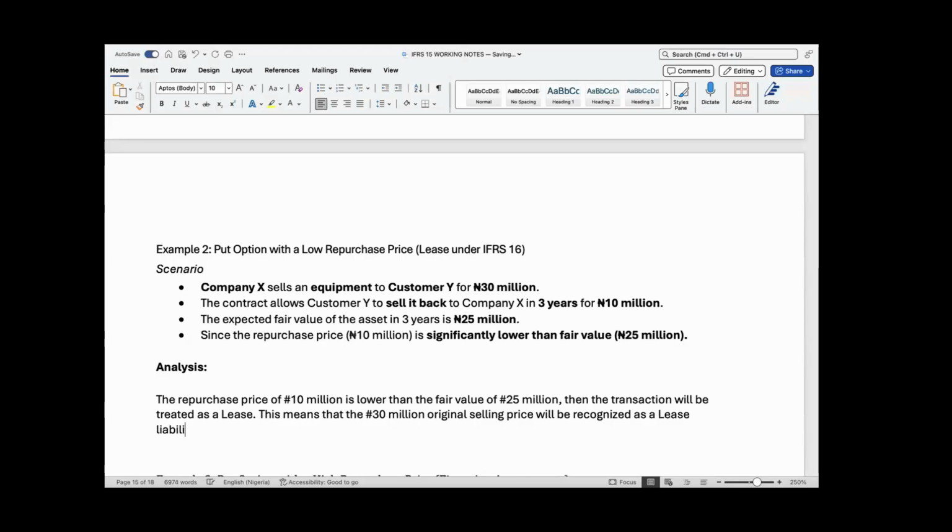But I've not taught you leases yet. The way to recognize it is as a lease liability, and a right-of-use asset will also be recognized to complete the entry.